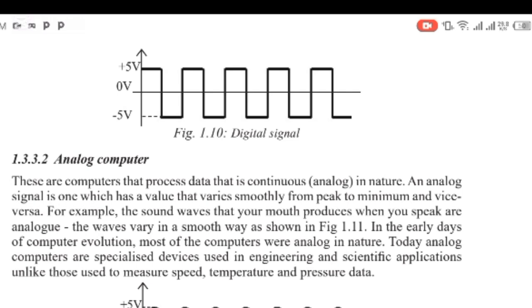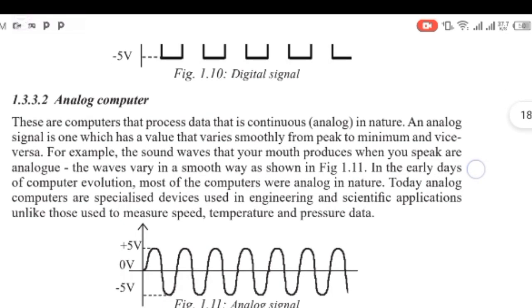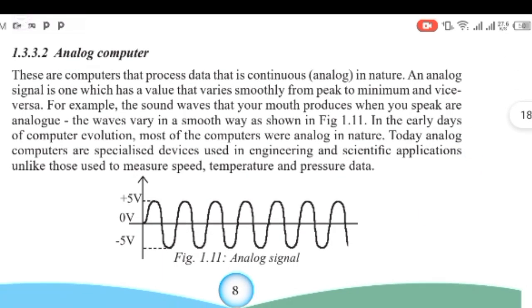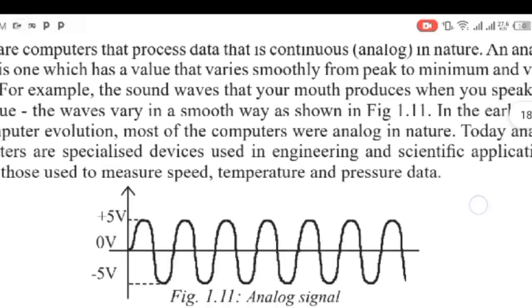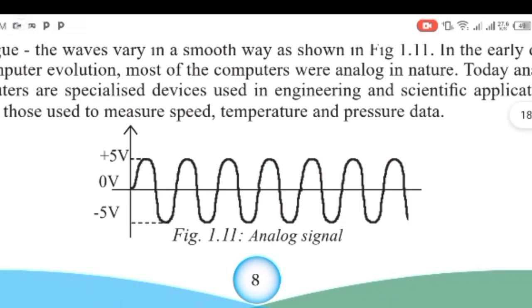For example, the sound waves that your mouth produces when you speak are analog. The waves vary in a smooth way, as shown in the figure. Let us explore those figures. Look, do you see the figure showing how analog signals are transformed?